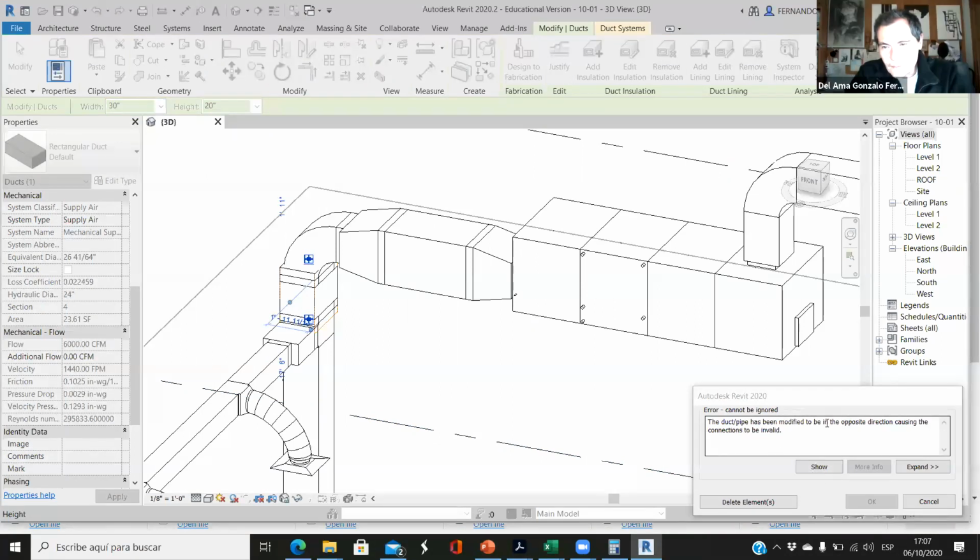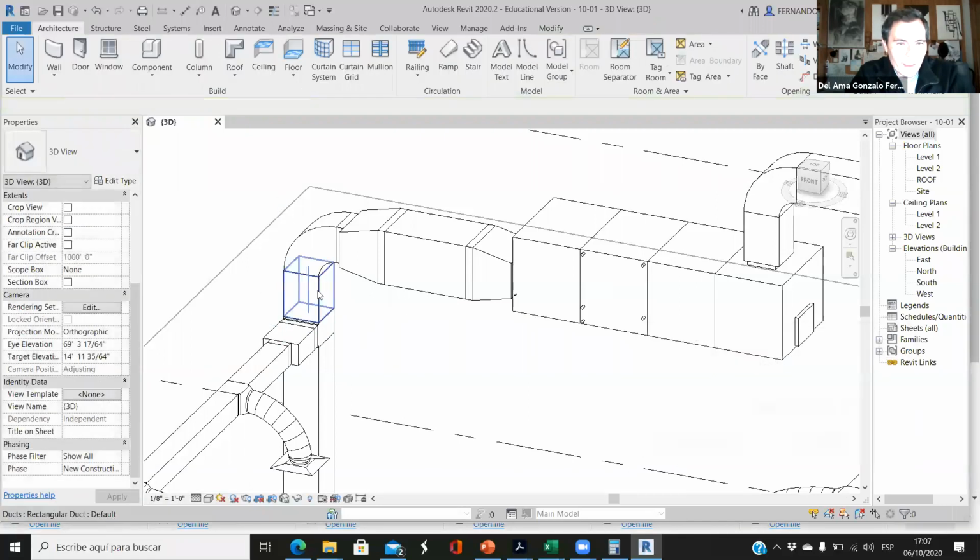What's the problem? Connections are not valid. Why? I think I told you. If we have this elbow, we need a radius. So if the duct is too big, probably we cannot bend this duct. So what can we do?